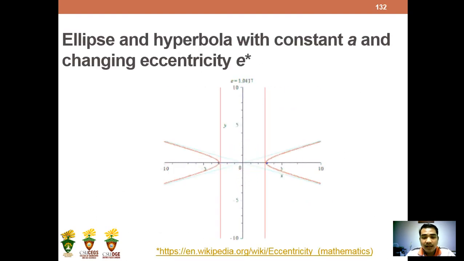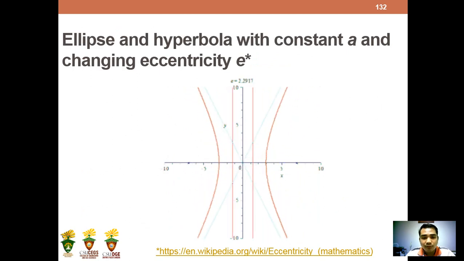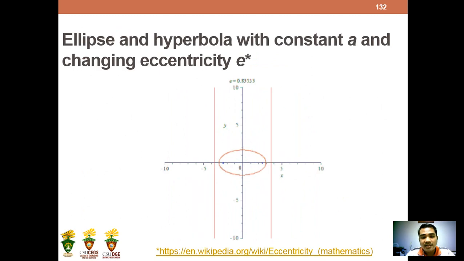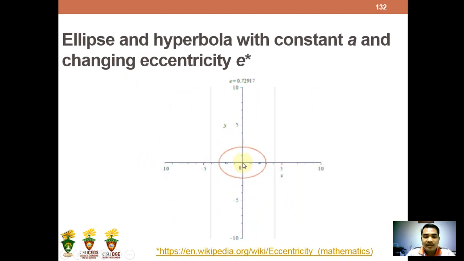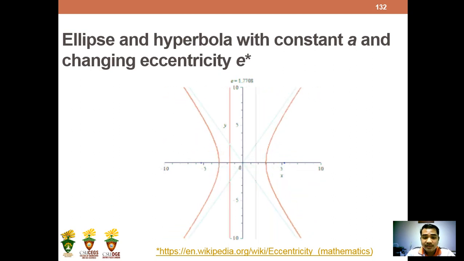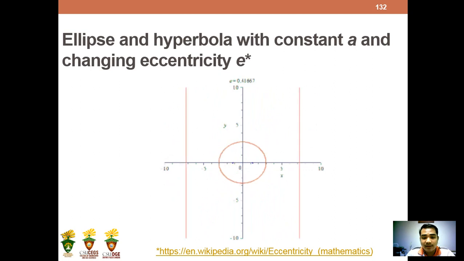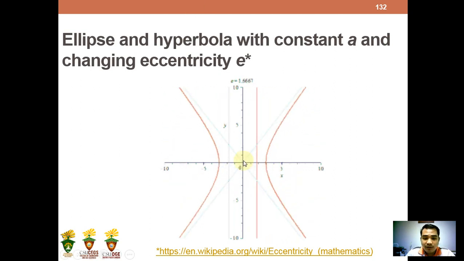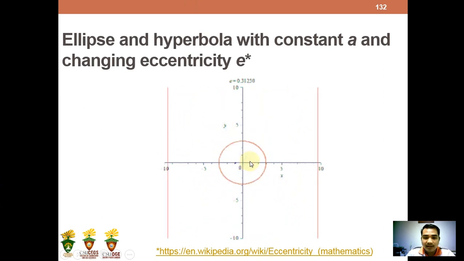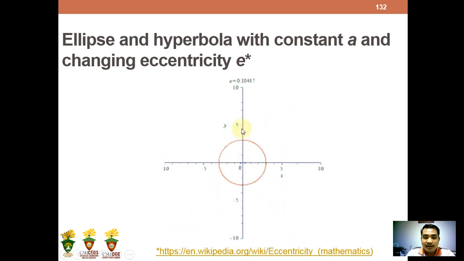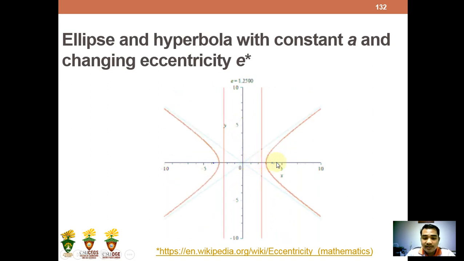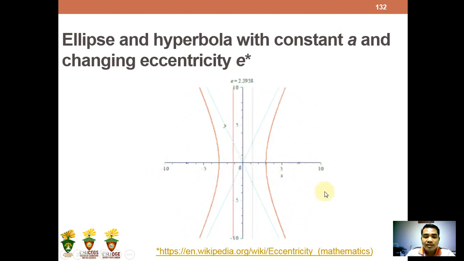This illustration demonstrates what happens if A stays constant but the eccentricity changes. If the focus is at the center, the same as the center of the conic section, that is a circle, since its eccentricity is zero. As the focus moves farther from the center, the oblateness also changes, with a larger semi-major axis or little flattening, until it becomes an ellipse and then eventually a hyperbola.